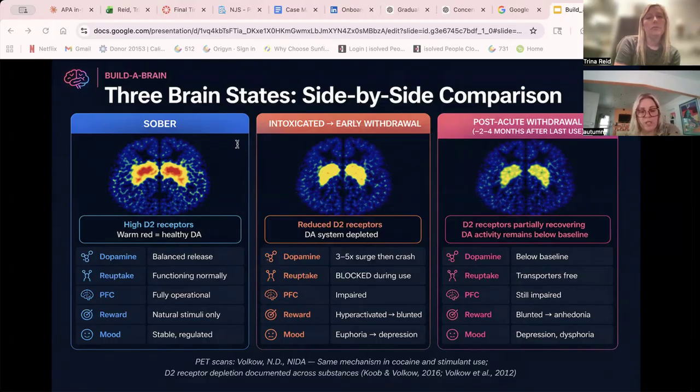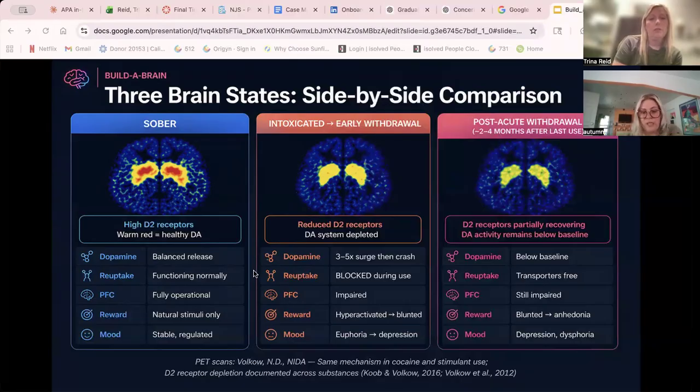During intoxication, cocaine blocks dopamine reuptake and causes a rapid surge, followed by a crash. And then that disrupts the reward system and impairs prefrontal cortex functioning. Over time, that leads to the reduced D2 receptor availability that we've talked about. In the post-acute withdrawal stage, some recovery begins, but the dopamine activity still remains below baseline, the reward system is still blunted, and the prefrontal cortex is still impaired.